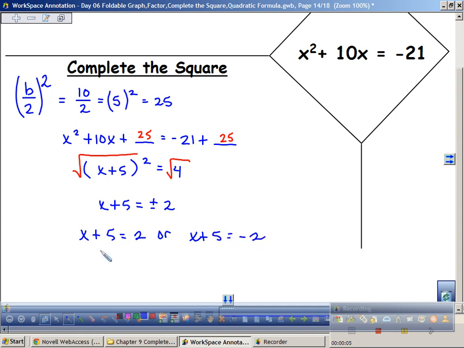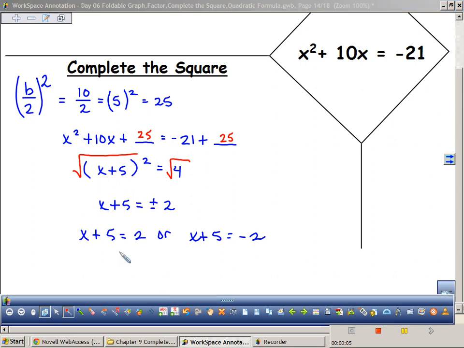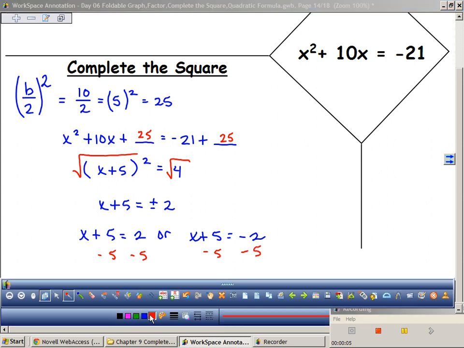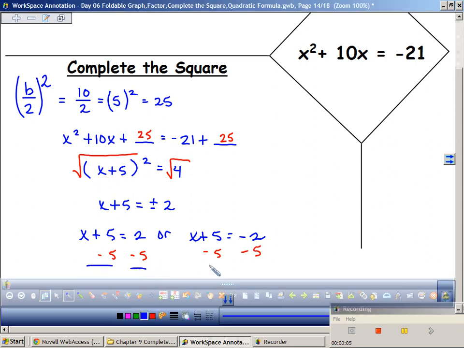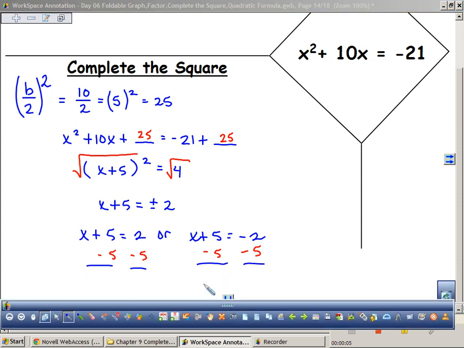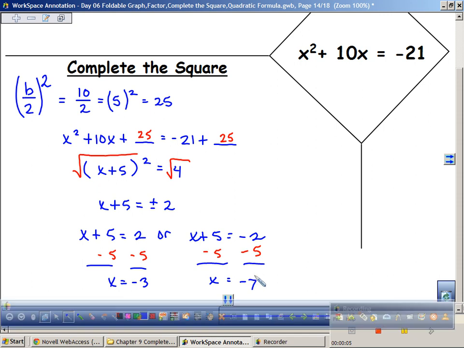Good job. So when I subtract 5 from both sides, on everything, I get x equals negative 3, or x equals negative 7. What did I just find? 2 roots, or the zeros of our quadratic equation, or the x-intercepts of our quadratic equation, correct?